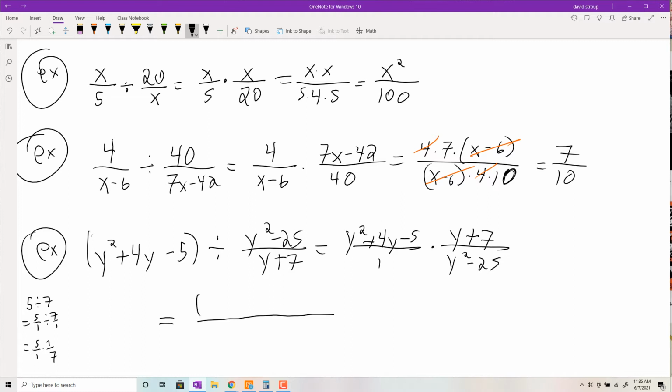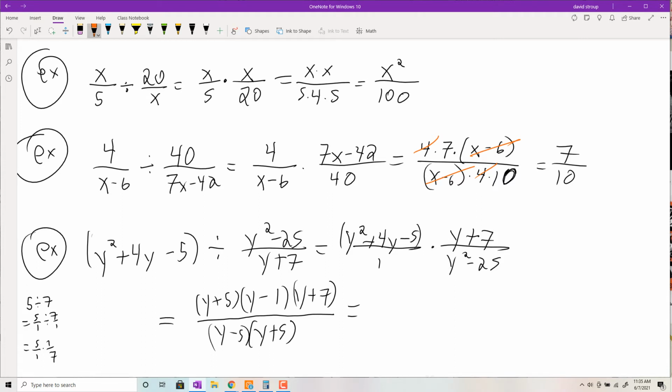The trinomial, y squared plus 4y minus 5, can factor into a plus and a minus. This would be y plus 5, and then y minus 1 there. Then we have a y plus 7. Downstairs I'll have y minus 5, y plus 5. And then we can look for common terms.